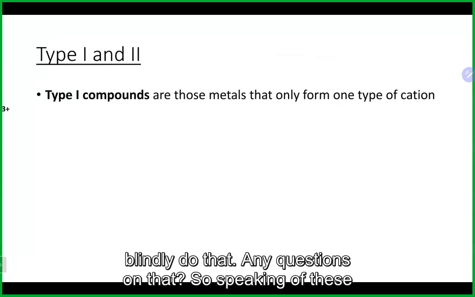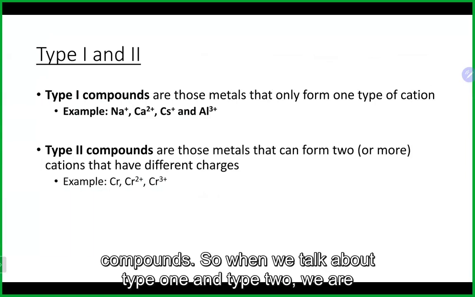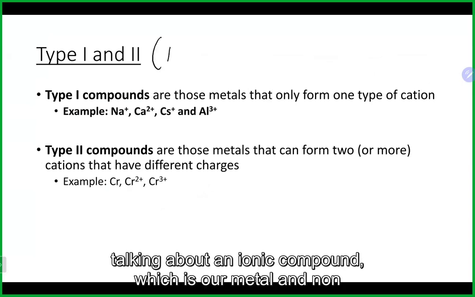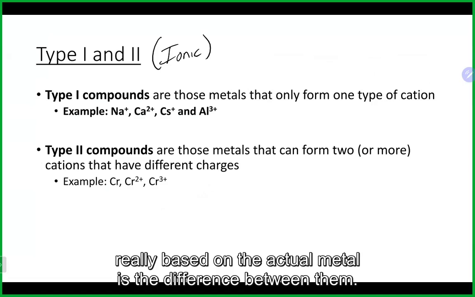So speaking of these guys, as I mentioned before, there are two types of ionic compounds. When we talk about type 1 and type 2, we are talking about an ionic compound, which is our metal and non-metal. Type 1 compounds versus type 2 compounds, it is really based on the actual metal that is the difference between them.